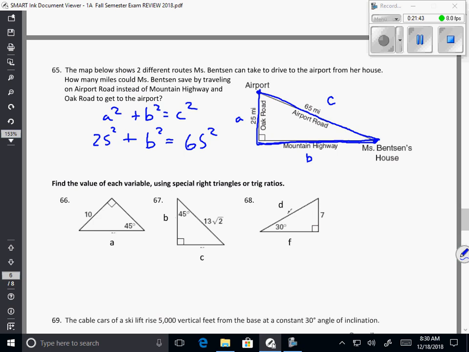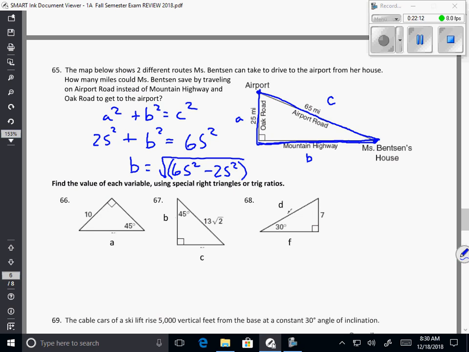So in my calculator, here's what I can do. I can put in the square root of 65 squared minus 25 squared. That will immediately spit out the answer. I believe it has to be 20. No, not 20. 20 is the difference.